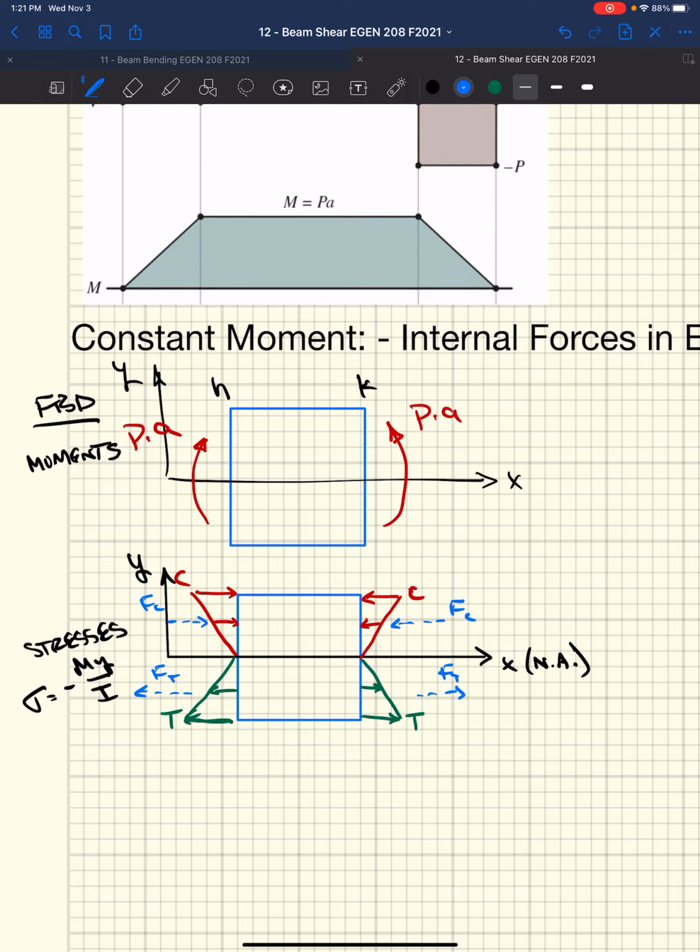This is essentially a linearly distributed load, right, on the side of this cross section. So we're going to have a resultant force that's acting above the neutral axis and below the neutral axis, right?